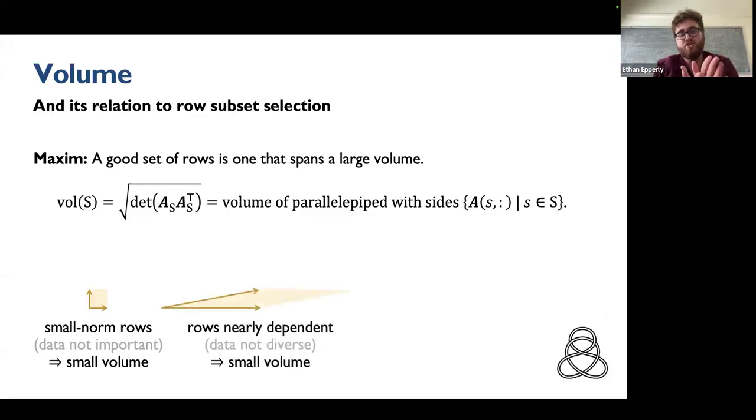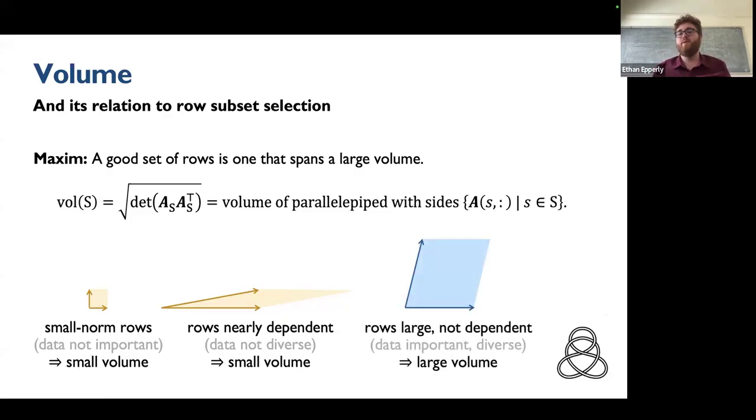Because if I pick two large norm rows that are nearly linearly dependent, they have a very small angle between them, and they're still going to span a small volume. And this means that the data is not diverse. I'm picking two data points which are nearly the same, and that's going to give me a small volume. But the good case happens when we pick two rows that are both large in norm and not dependent, so they have a big wide angle between them.